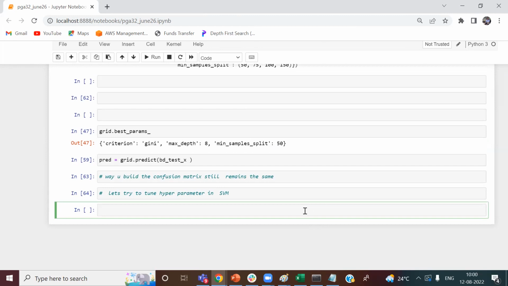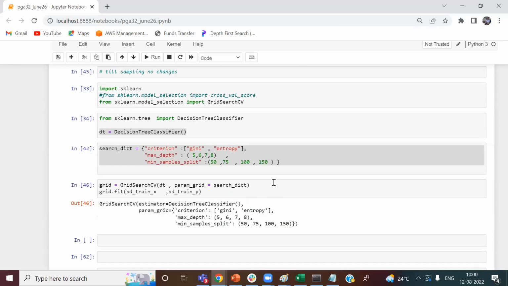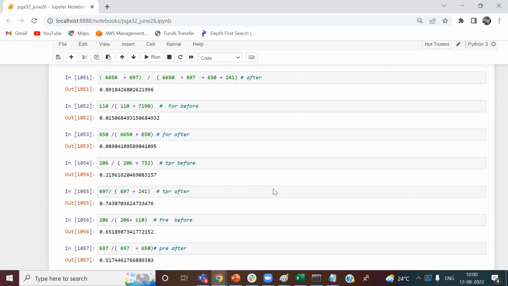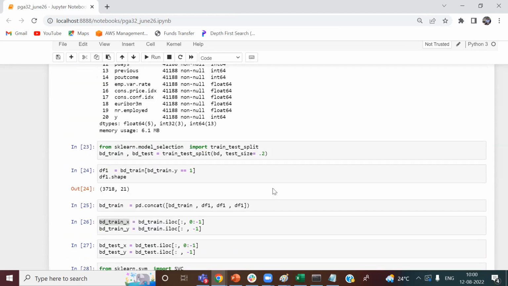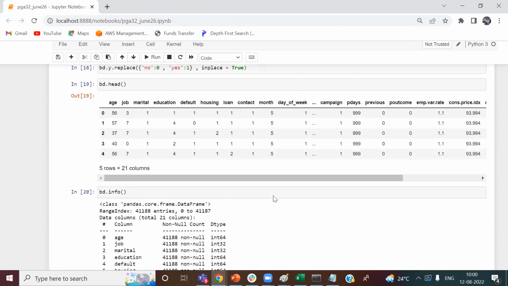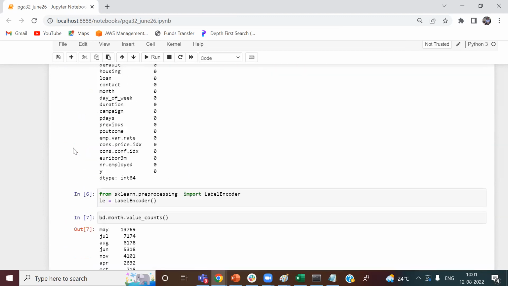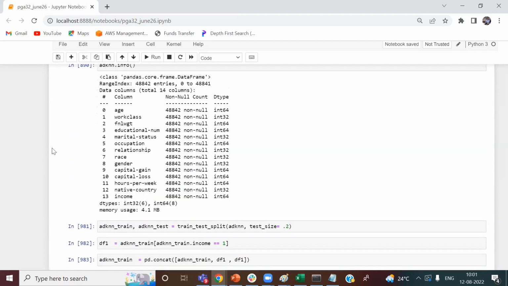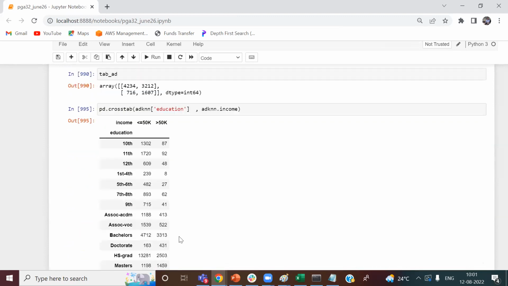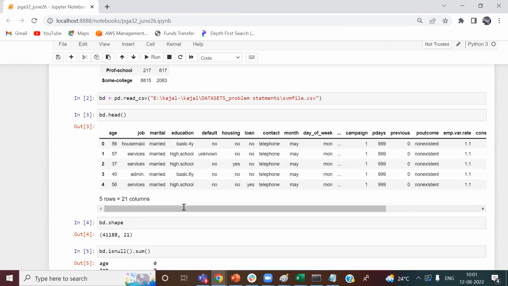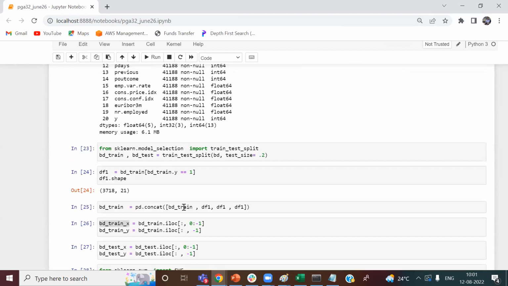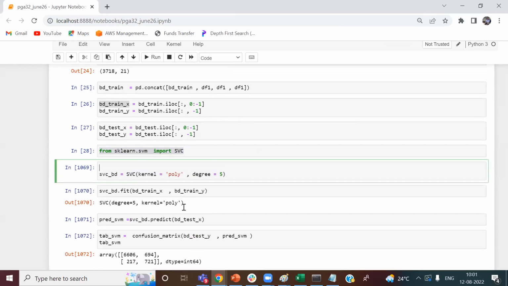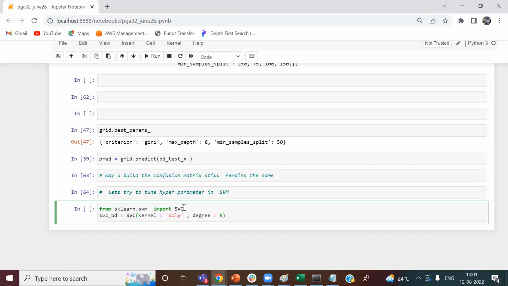SVM में कौन कौन सा हाइपर पैरामीटर हो सकते हैं गाइस? कर्नल, हाँ कर्नल. ठीक है, अच्छा सब लोग प्लीज एक सेकंड यहाँ पे देखो. So for example, मैं इस लाइन को यहाँ पे उतार के ये कर लेता. सर थोड़ी देर के लिए हम पॉली हटा देते हैं.